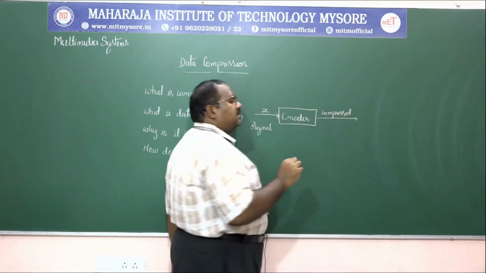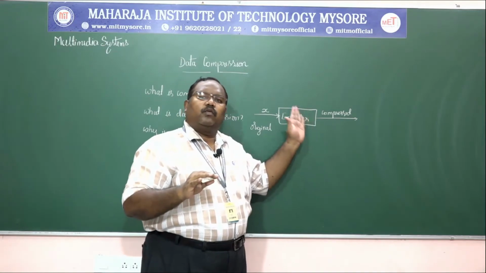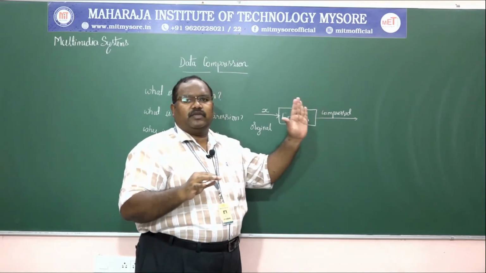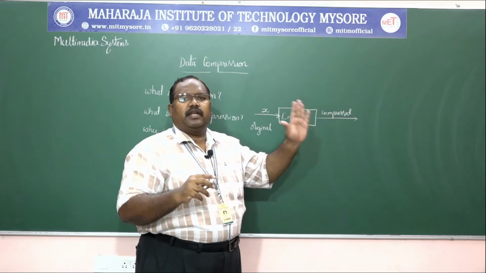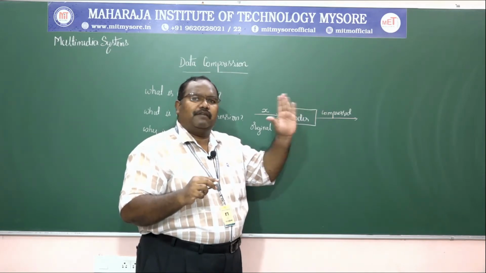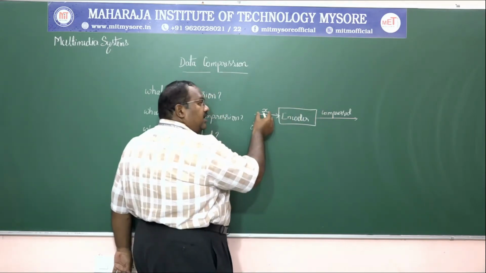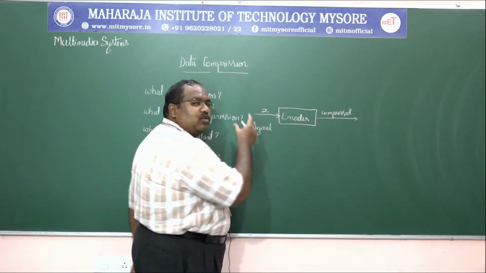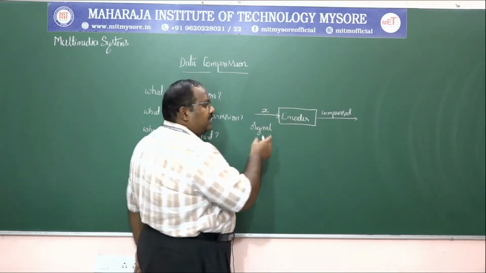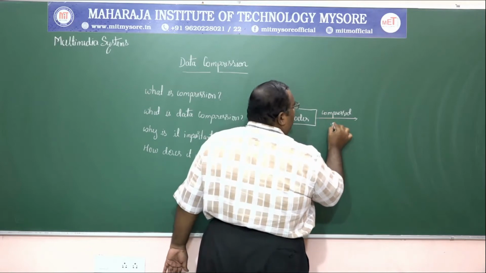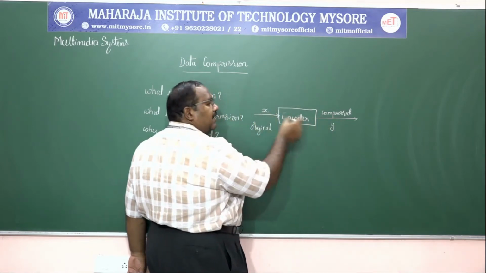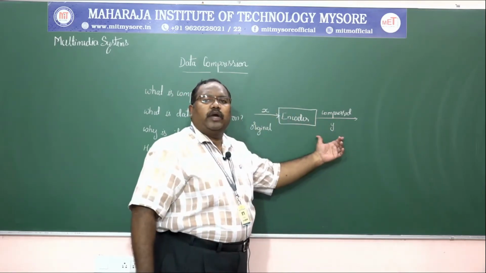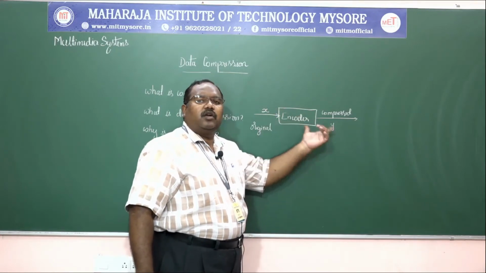How it is compressed, we will go through one by one in the subsequent sessions: the different compression techniques, algorithms, and how compression happens. The original data is pushed into the process called encoder, where it is compressed, and X is compressed into the data Y. Now the compressed data is called Y.